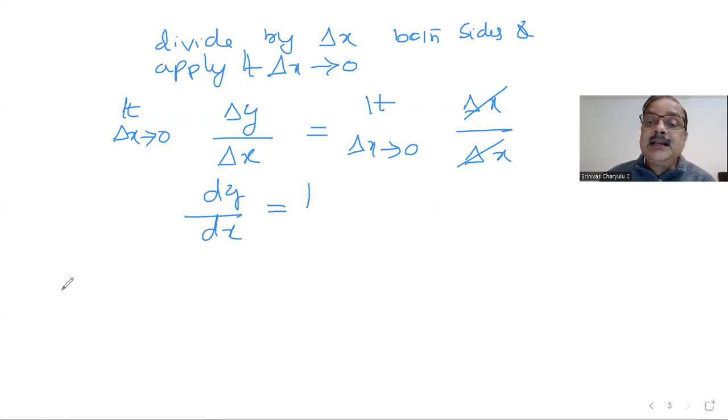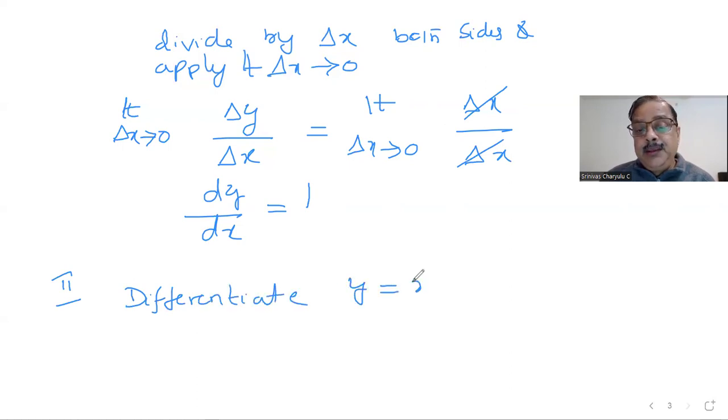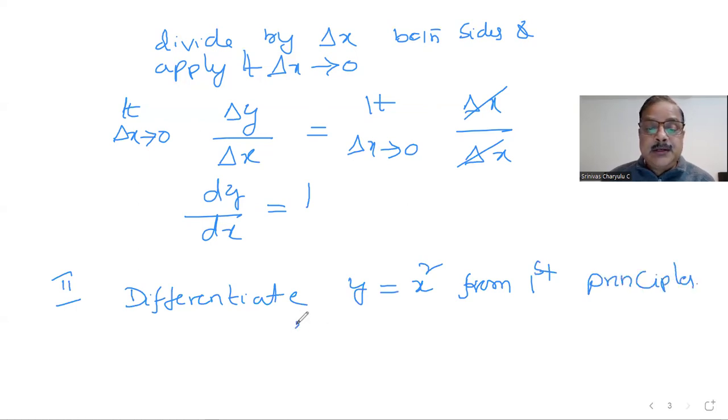So now let us understand one more sum. Differentiate y is equal to x square from first principles. So here also we start with y is equal to x square.